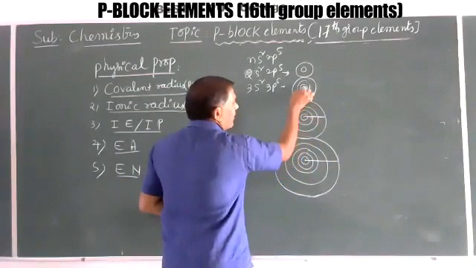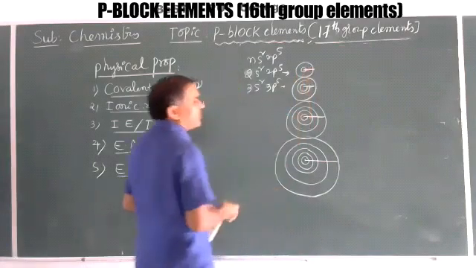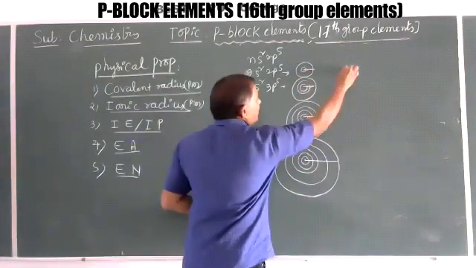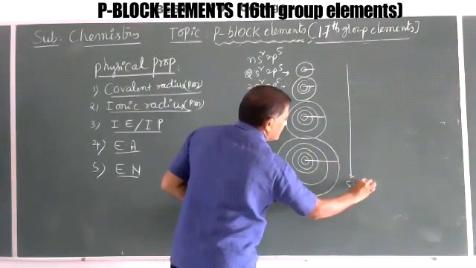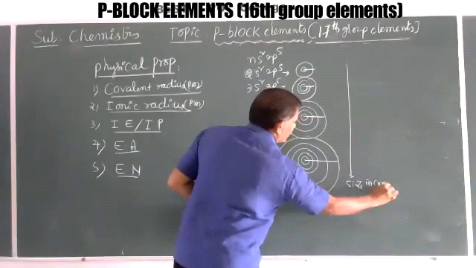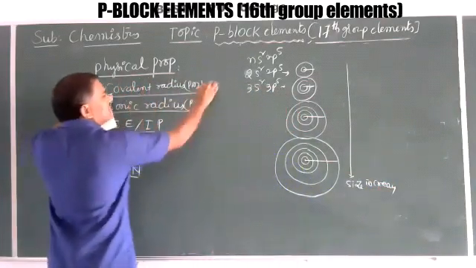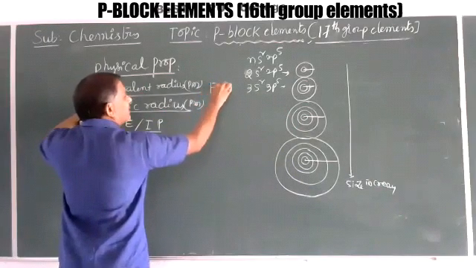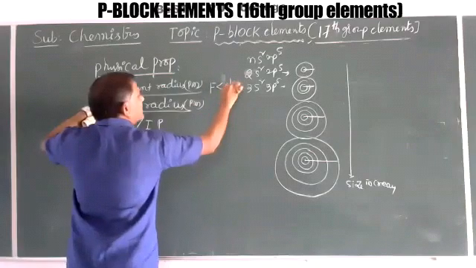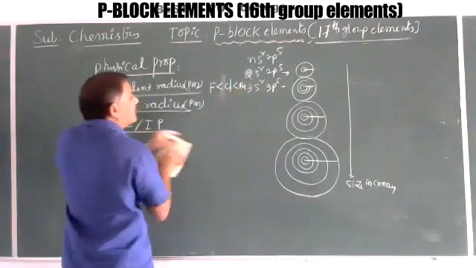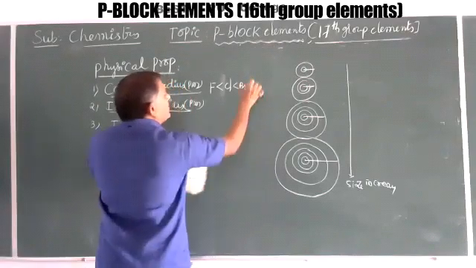In terms of covalent radius, in picometers or angstrom units, from top to bottom size increases: fluorine is less than chlorine, is less than bromine, is less than iodine.